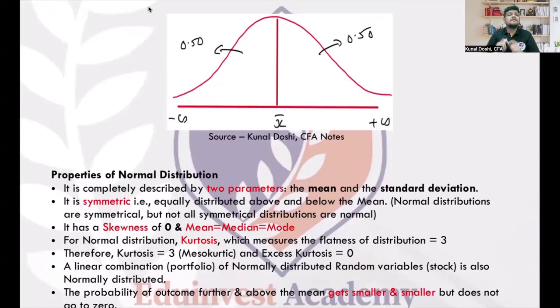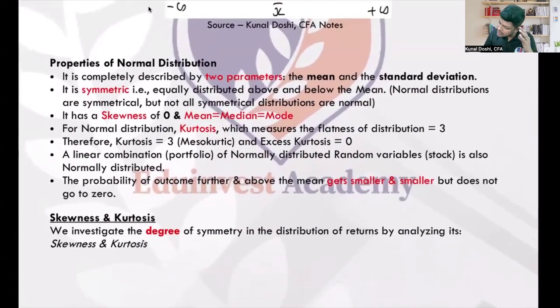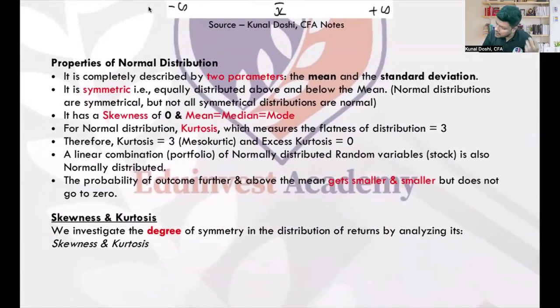But what if the diagram is not symmetric? This will happen when the mean, median, and mode are not the same. And that happens because of some extreme outcomes.